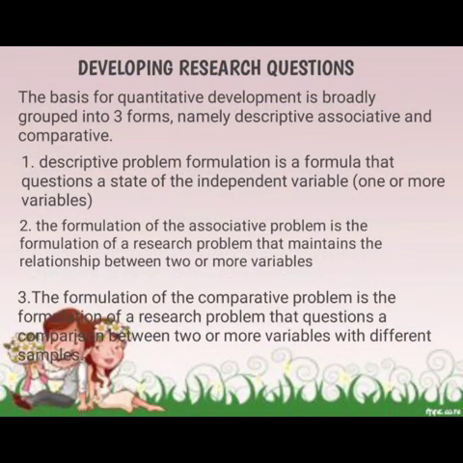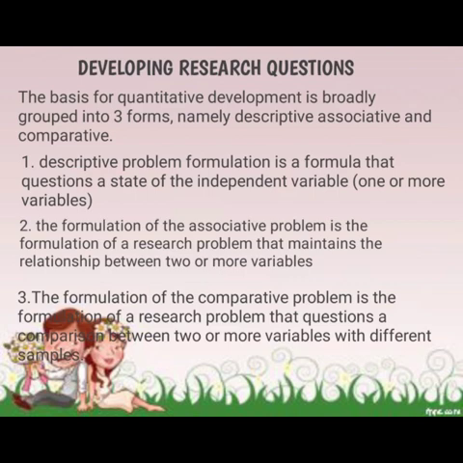Developing research questions. The basis for quantitative development is broadly grouped into three forms, namely descriptive, associative, and comparative. Number 1, the descriptive problem formulation is a formulation that questions the state of an independent variable, one or more variables. 2.